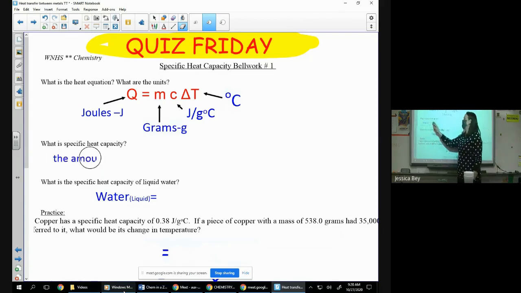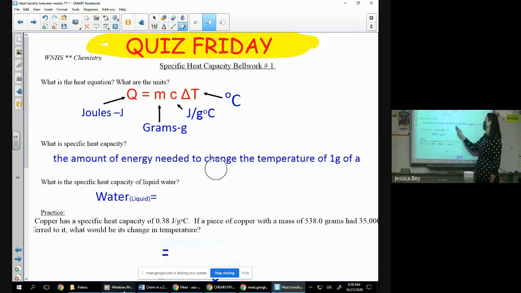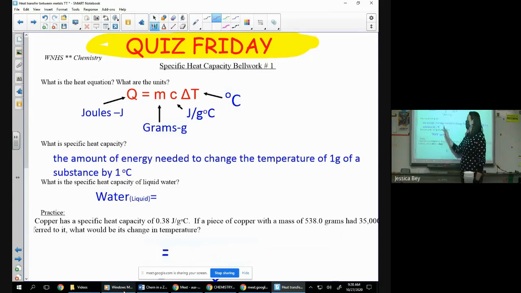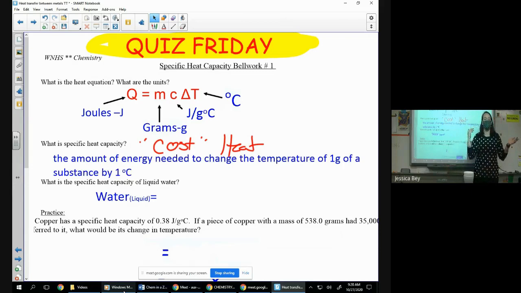Specific heat capacity is just the amount of energy needed to change the temperature of 1 gram of a substance by 1 degree Celsius. So I don't think of it as that big, long thing. I think of it as a cost to heat or cool. How much does it cost to heat something up? Is it a high cost or a low cost? Today we're going to see 3 examples of 3 different metals that have 3 different costs to heat them up.